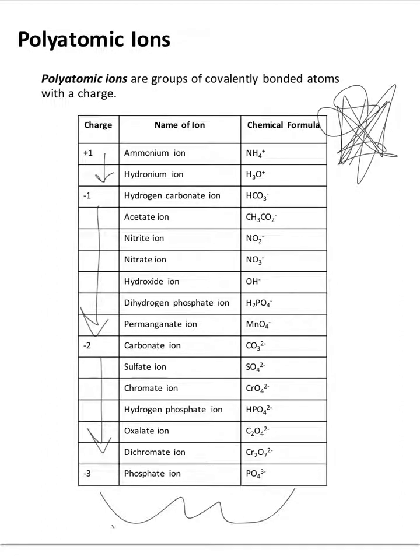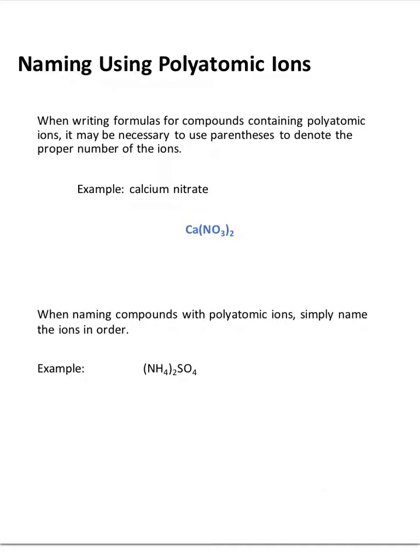Definitely some good practice there, because you are responsible for being able to recognize what a polyatomic ion is. If we're going to name compounds, or provide formulas for things that involve polyatomic ions, we have to be familiar with them.